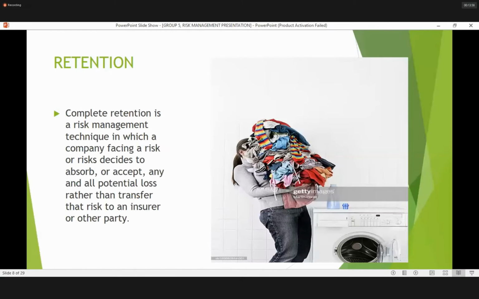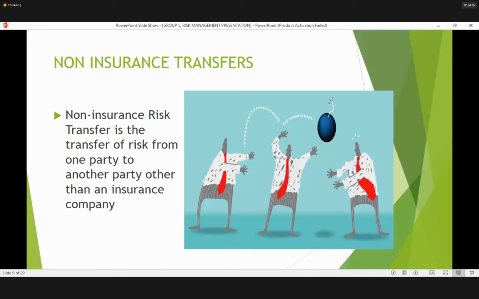With risk retention like this, the individual or the company takes everything to himself or herself. You absorb every potential loss. There are insurance companies you can transfer the loss to, but some ignore them and take everything. That is what we call risk retention.